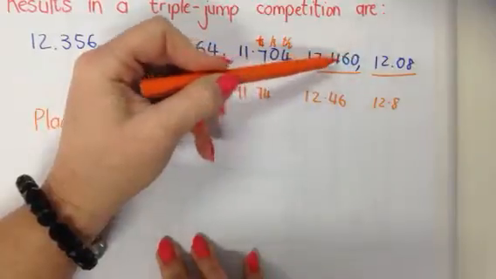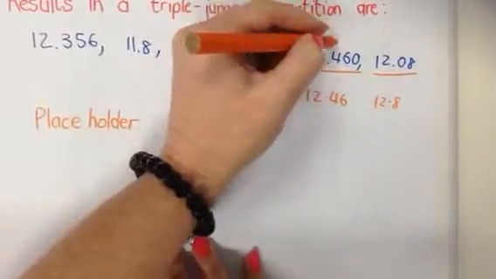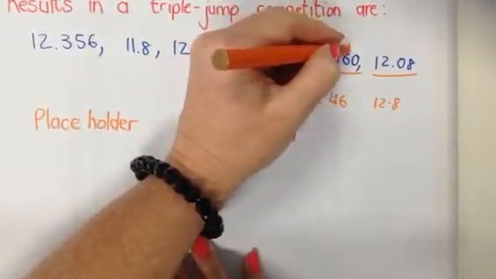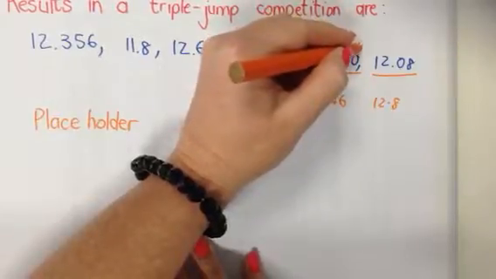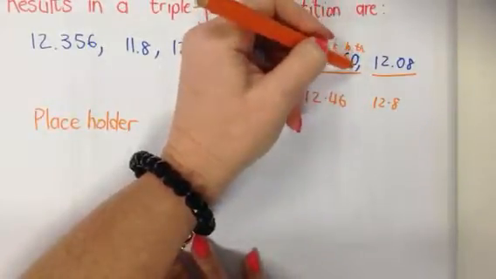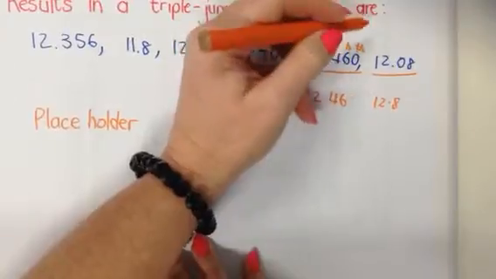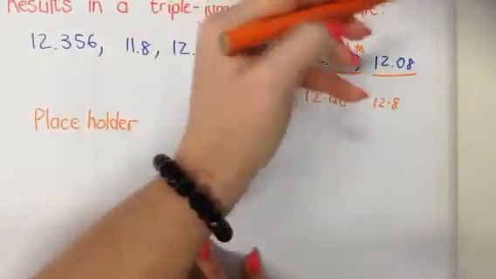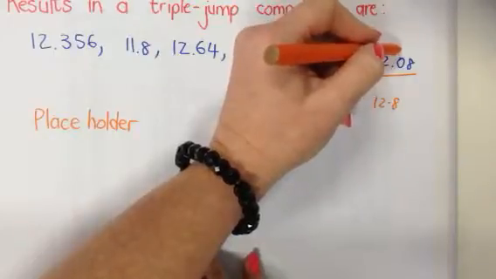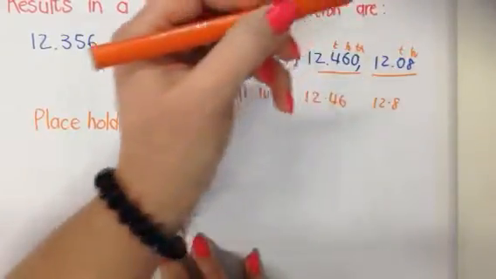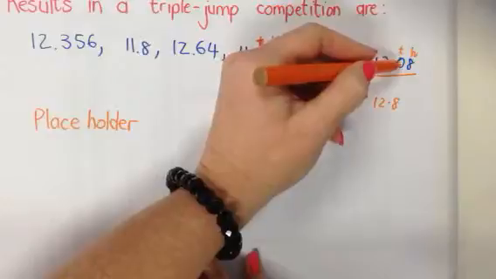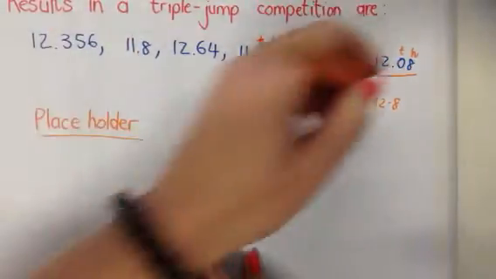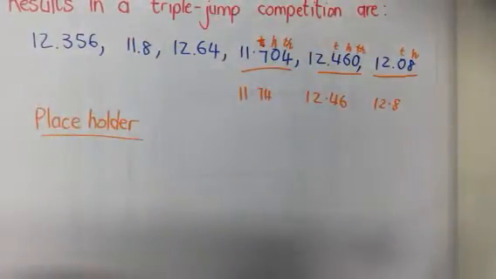In this case, we've got 4 tenths, we've got 6 hundredths, and we've got 0 thousandths. So it doesn't matter if we put the 0 in or we don't, because it doesn't change our 2 places. In this instance it does, because we've got 0 tenths, but we've got 8 hundredths. So we have to have a placeholder to keep that one open. It's very important that these zeros are never left out.